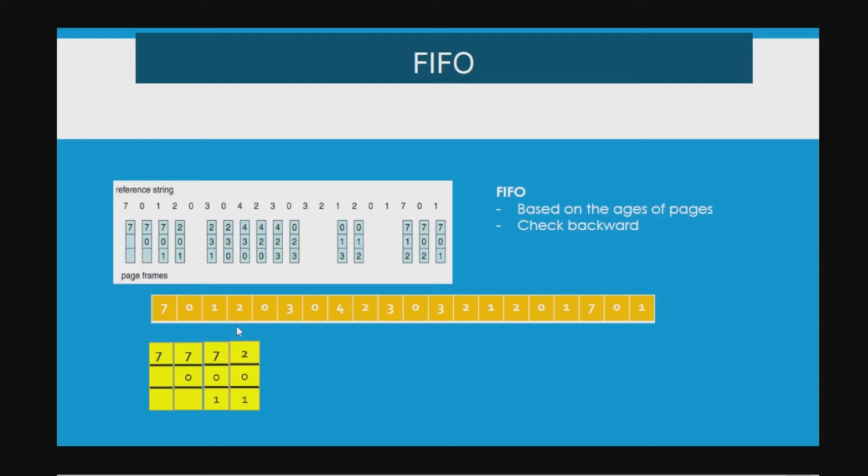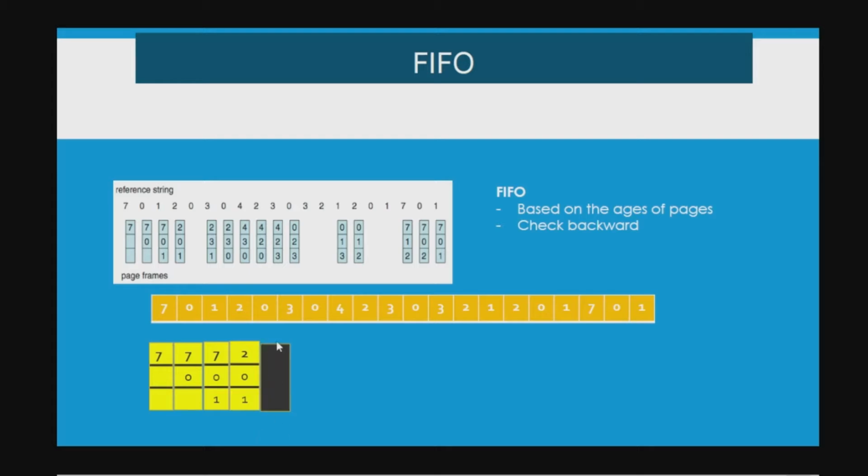So the next is 2 0 1. Next, we have 0, and we check here. 0 is a resident, so you just copy, no need to do anything.